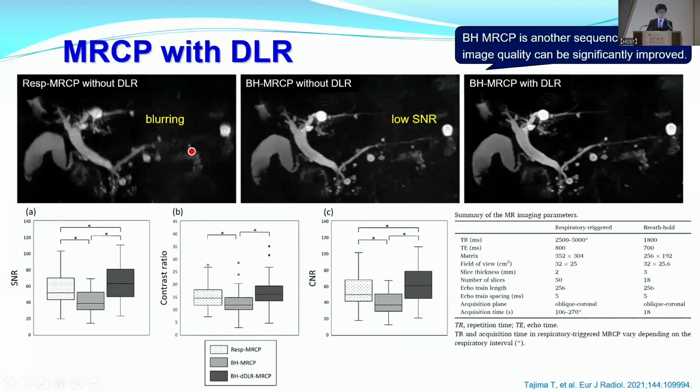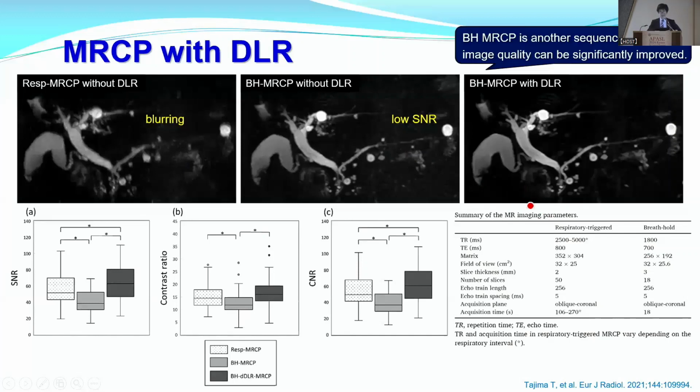So in this figure, significant blurring occurred in the respiratory triggered MRCP without DLR because of the unstable patient respiration. On the other hand, breath hold MRCP with DLR achieves excellent image quality by reducing the image noise compared with the breath hold MRCP without DLR.